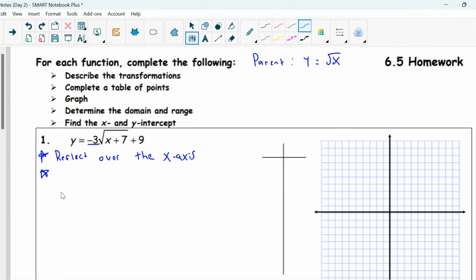The next thing we need to state about our a value is, since it is greater than 1, we are going to vertically stretch by a factor of 3. So if it's negative, you reflect over the x-axis. If it's greater than 1, you vertically stretch by a factor of your a value. If it is less than 1, you vertically compress.